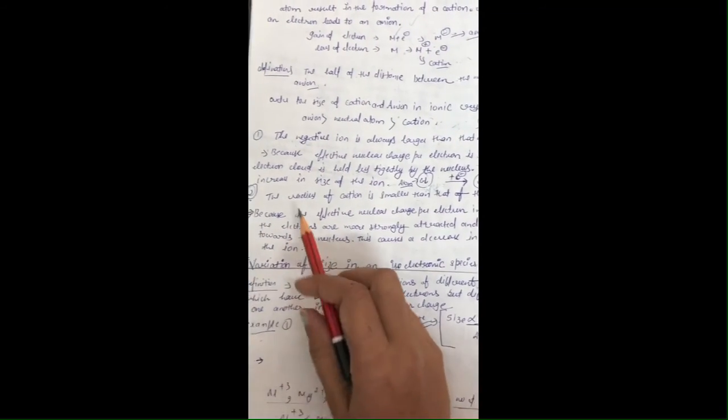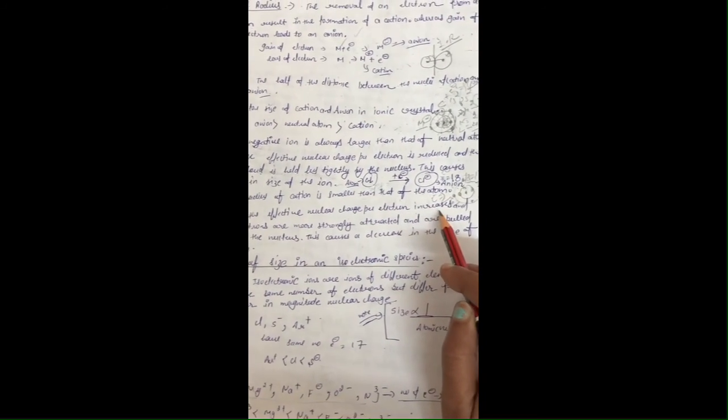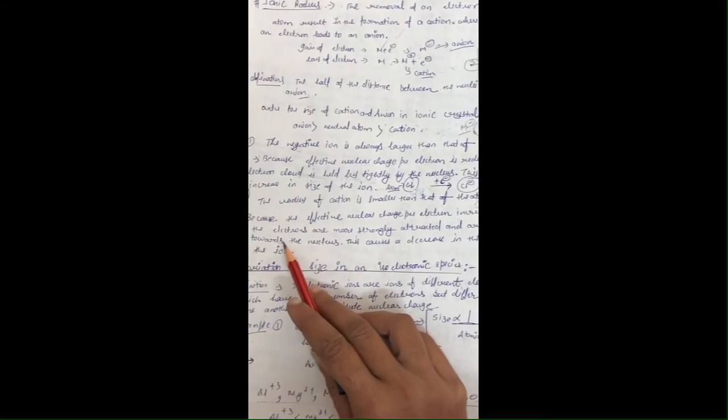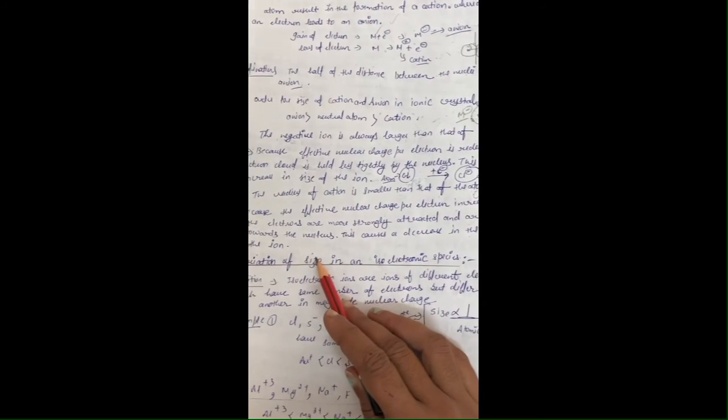Atomic number of carbon is 6, so the configuration is 2 in the K shell and 4 in the L shell. Now I will read the reason from here. The radius of the cation is smaller than that of the neutral atom because the effective nuclear charge per electron increases, and the electrons are more strongly attracted and pulled towards the nucleus. This causes a decrease in the size of the ion. Clear?